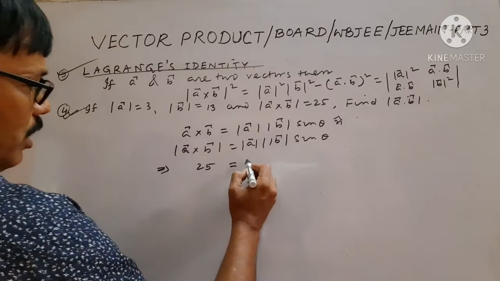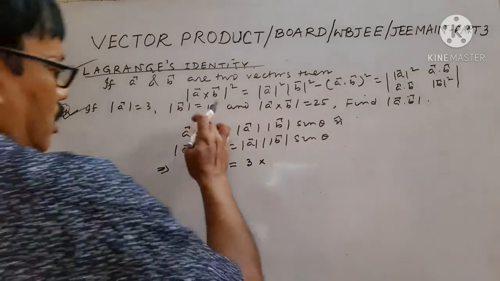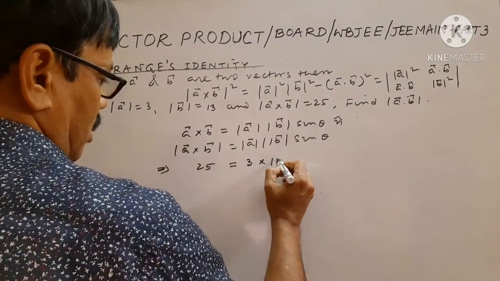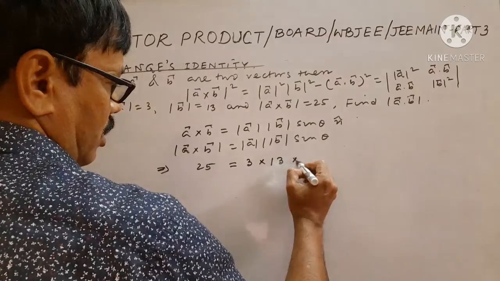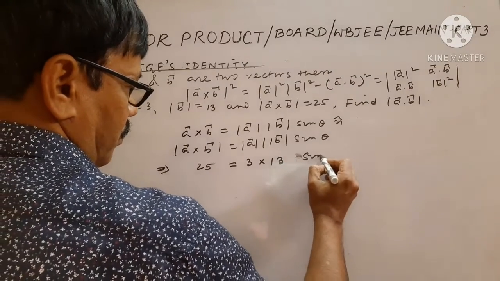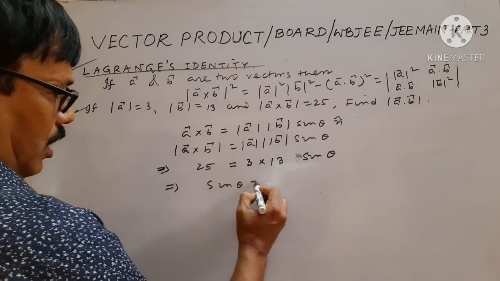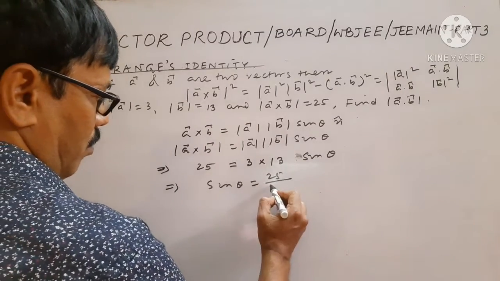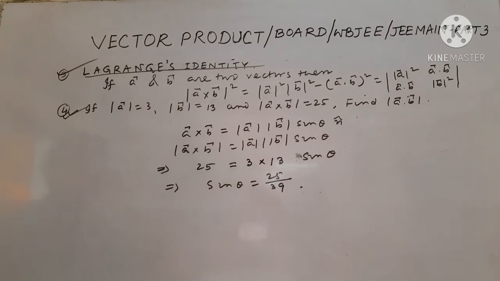So what is mod A? This is 3. This is 13. And this one is sine theta. So what is sine theta? Sine theta equals 25 by 39.